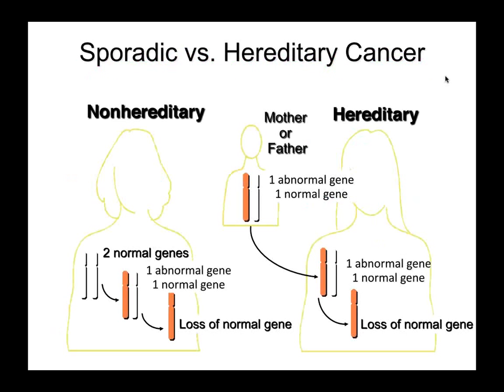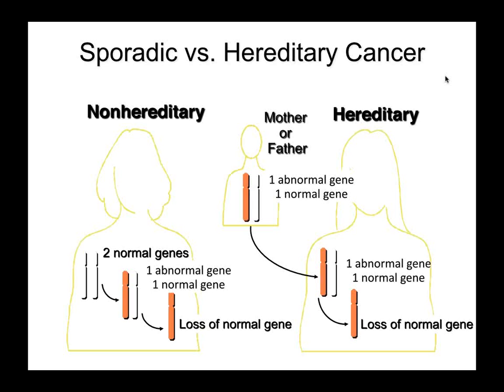And so if you look at a sporadic cancer compared to a hereditary cancer, you can see how the development of cancer varies in each of the different situations. And this does have implications for the timing that we see the cancer develop, whether it's early onset or later in life, as well as the overall likelihood that a cancer will develop in that person.